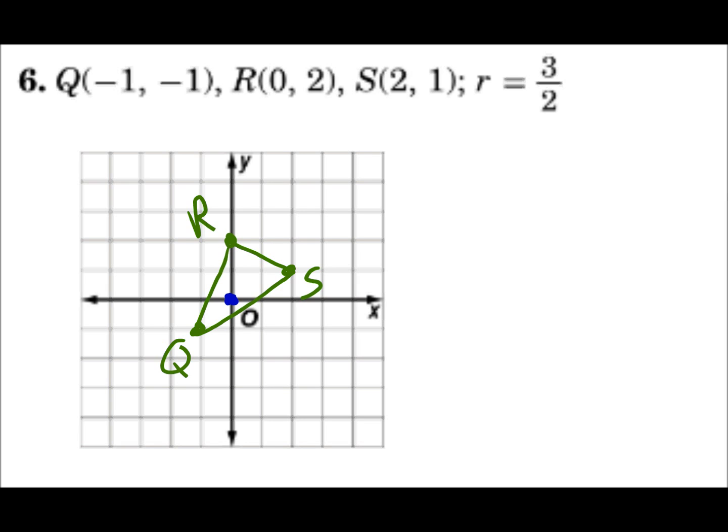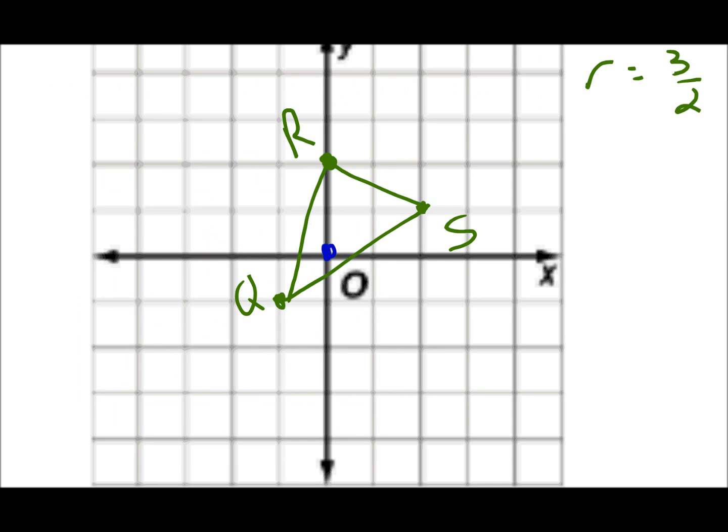The scale factor is 3/2, so each side of the new figure will be 1.5 times as big, and they will be 1.5 times the distance away. We'll blow that up a little bit. Let's go ahead and draw from the center to each vertex.